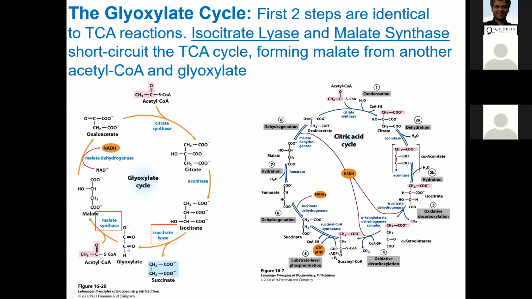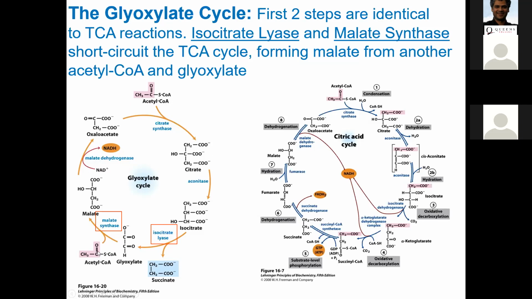Then glyoxylate actually is part of the cycle. Succinate leaves the cycle. That's important to note. Succinate is part of the citric acid cycle, but here succinate is leaving. We'll talk about why and how that could be useful in the big picture. But let's go through the reaction. Glyoxylate will combine with another molecule of acetyl coenzyme A, so 2 molecules of acetyl coenzyme A are entering the cycle.